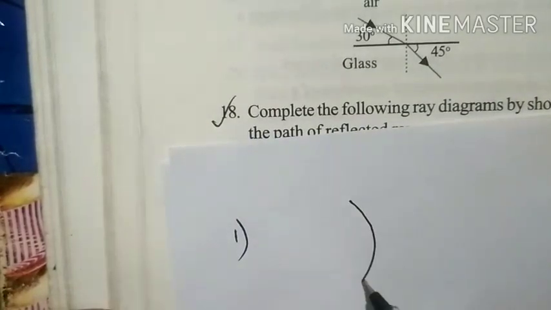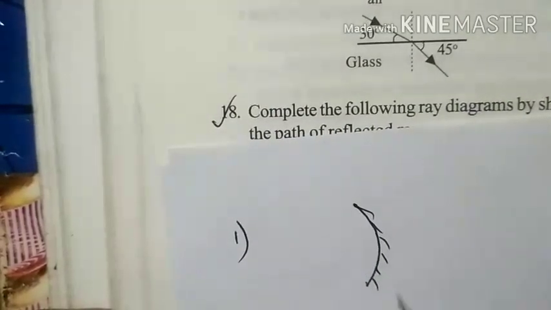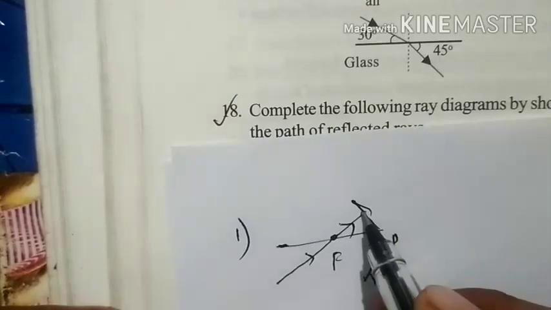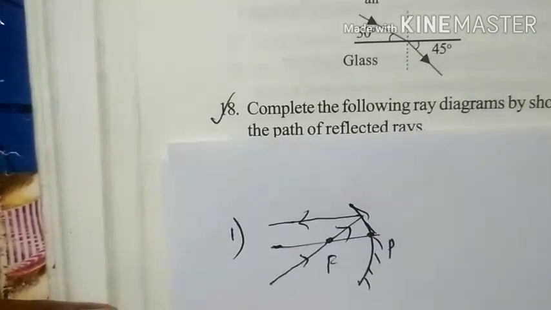If you want to draw the diagram, first you have to draw the question. The first one: the light ray is passing through the focus. This is the ray diagram: mirror, pole, focus. The light ray passing through the focus, after reflection, becomes parallel to the principal axis.